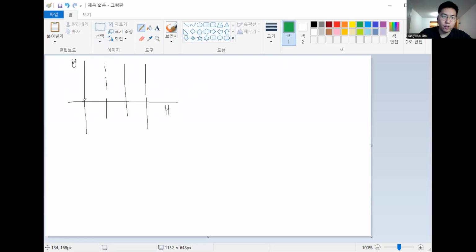But at first it was 0, and then it goes 1, 2, 3. This point I will say B max, and this part is saturation.